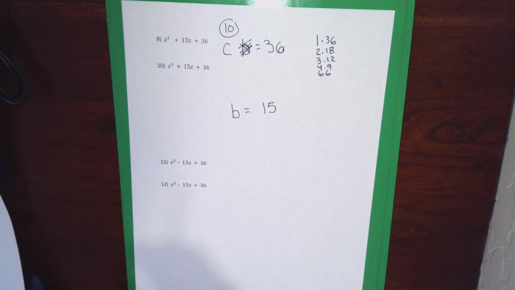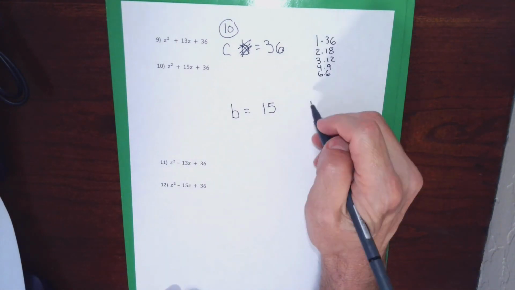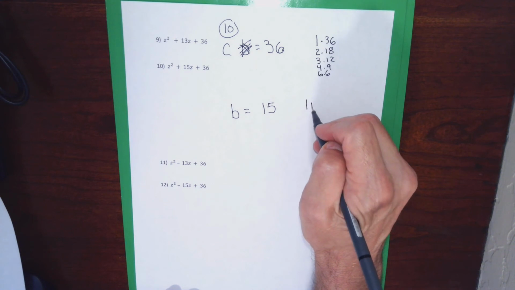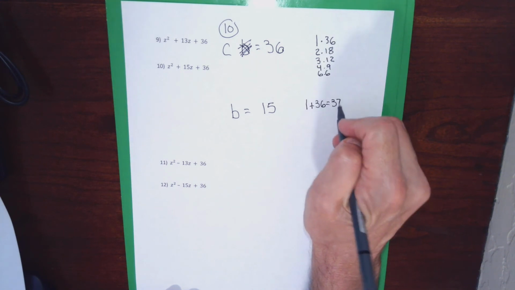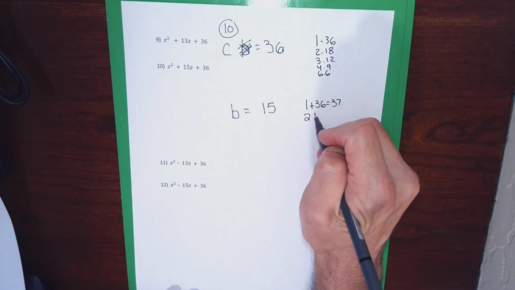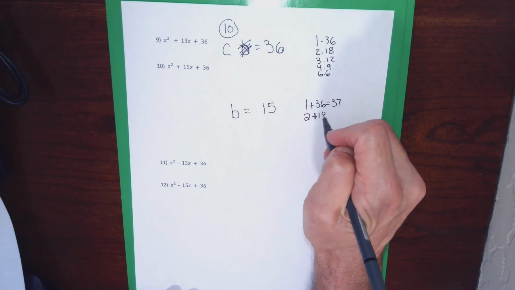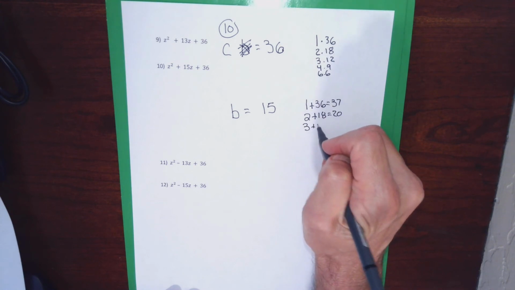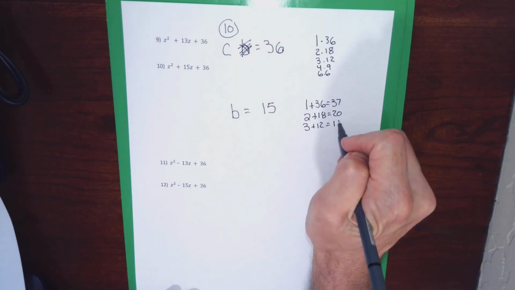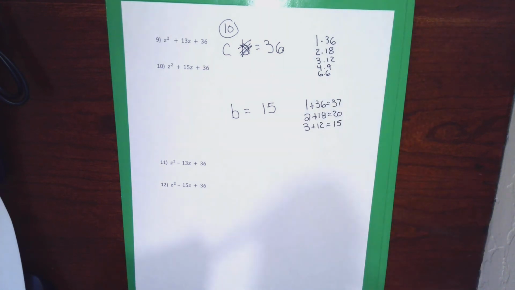The b is 15. Now I'm going to start adding these factors that I figured out on my first step. And once I get to a pair that adds up to 15, I'm going to stop because I have the pair that I need. So I quickly got to the pair that I need.